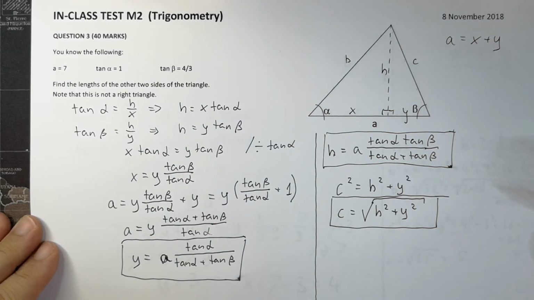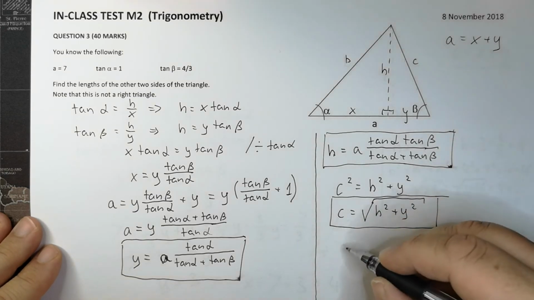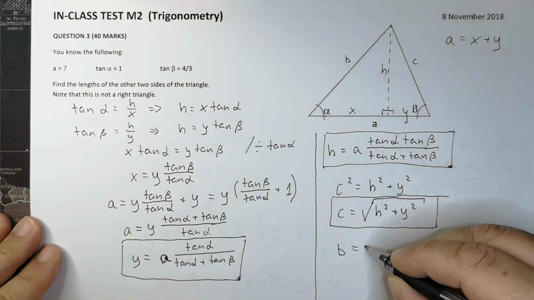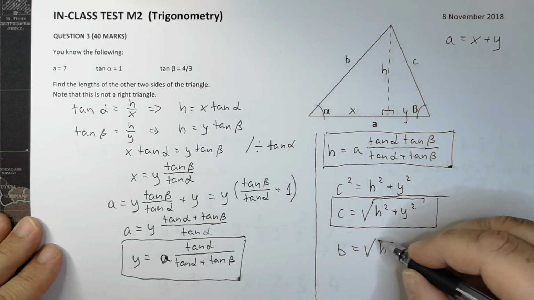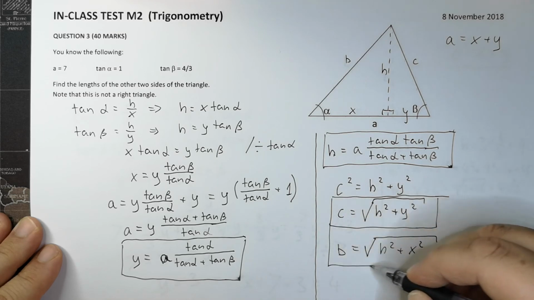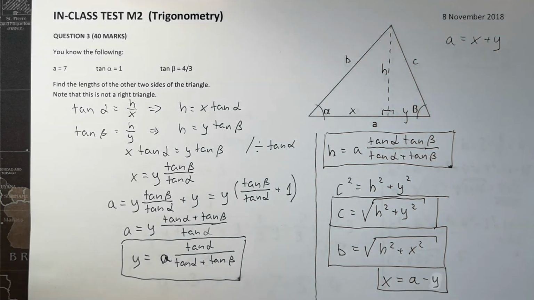One more final step now is to apply the Pythagoras again to find the b as square root of h squared plus x squared this time. This formula goes to a frame as well, and the very final thing, x equals a minus y, of course.